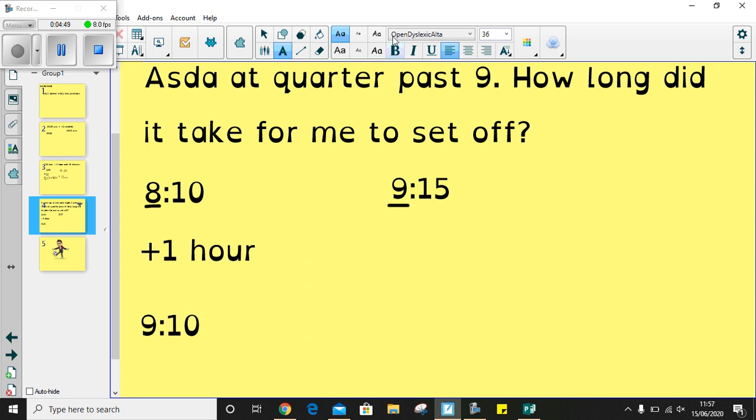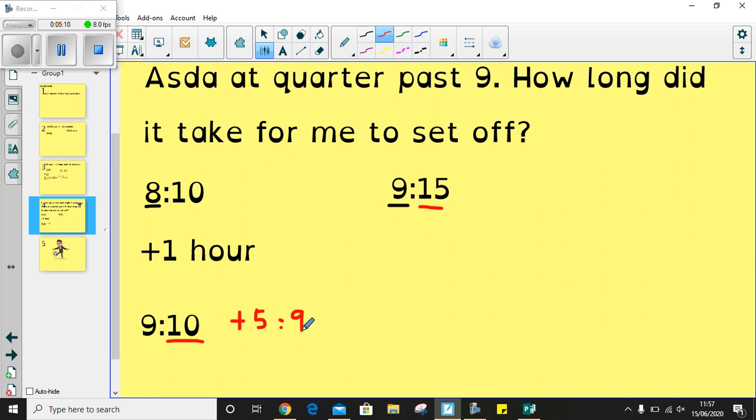Now I can look towards my minutes. So I can see that I've got 15 here and 10 here. I know the difference between 15 and 10 is 5. So if I add on 5 minutes to 10 past 9, it will equal 9:15.